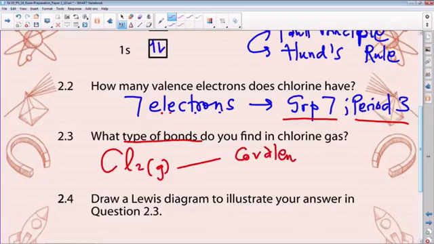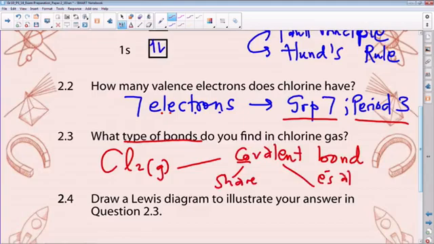Remember that the word co means to share, and then valent, in this case, means the electrons at the highest energy level. These are sharing of the electrons at the highest energy level. So covalent bonding is very much evident in this chlorine.